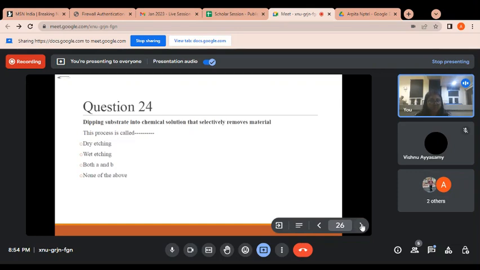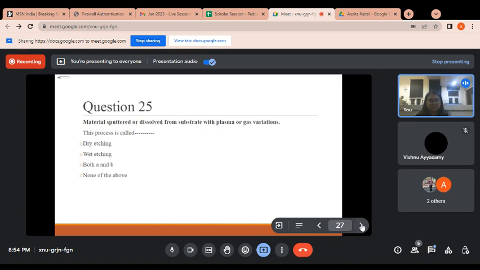And what is happening in dry etching? Passing gas or plasma. Yes. Right, good. So passing gas or plasma etches out some of the layer. This is called dry etching. This is question number 25.